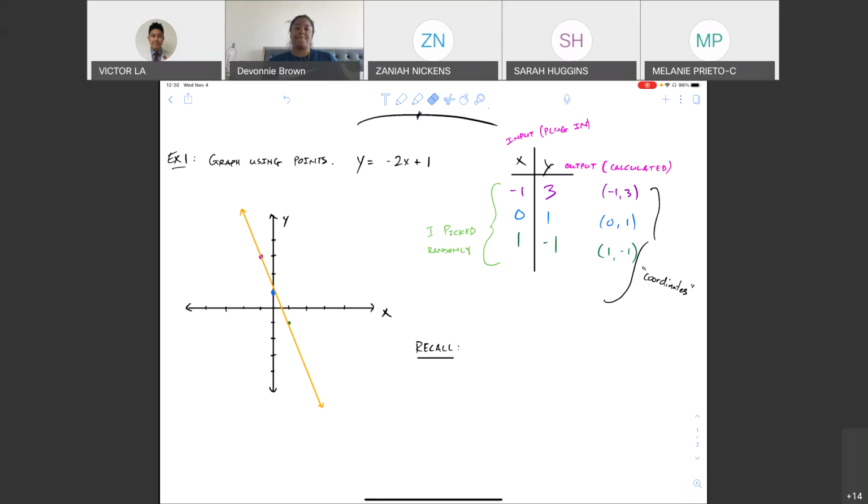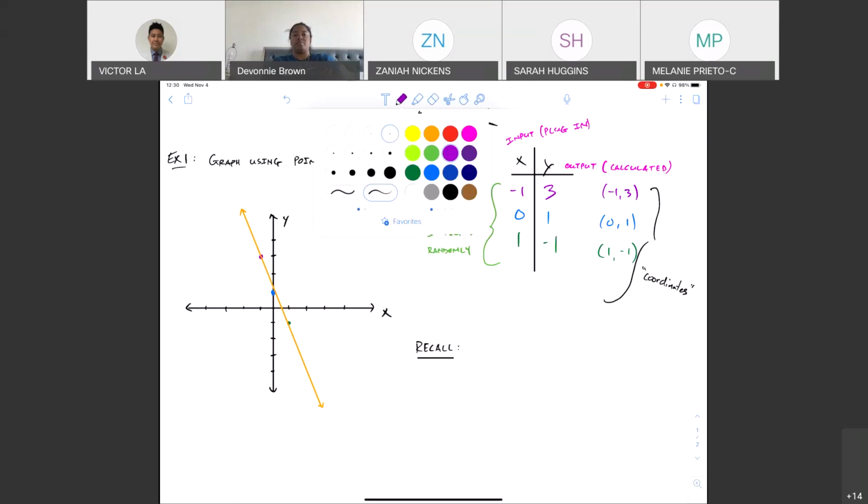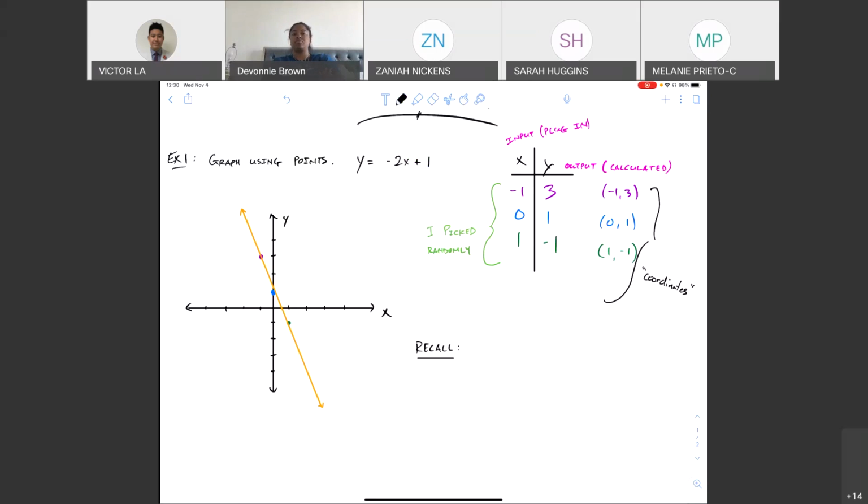The numbers on the right side, or the Y in other words, right? These come from calculating in the equation. So if we look at, I'm going to color code with purple here. I'm going to actually get rid of this recall. If we take our equation here, y equals -2, you basically plug it in.